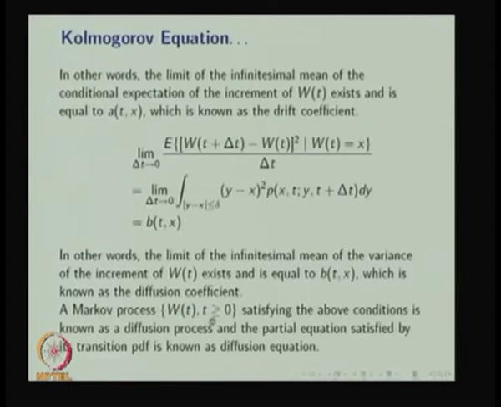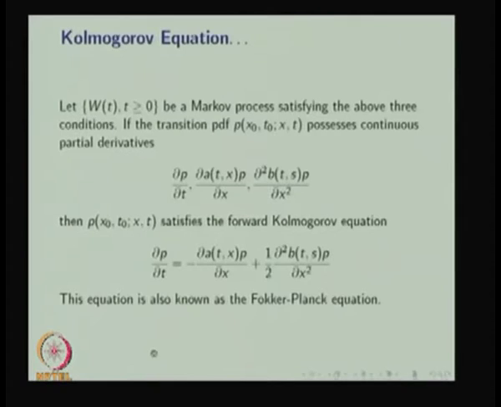So a Markov process Wt satisfying the above conditions is known as a diffusion process, and the partial differential equation satisfied by its transition probability density function is known as a diffusion equation.